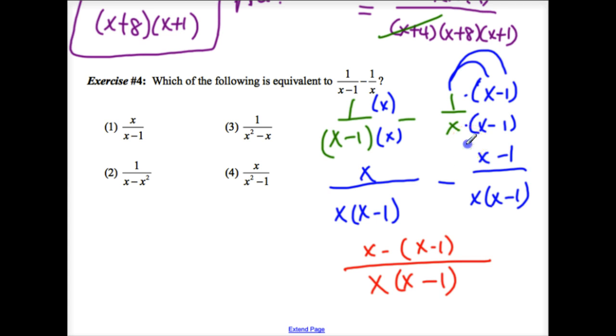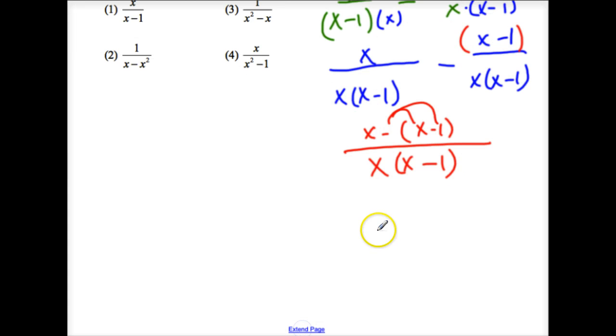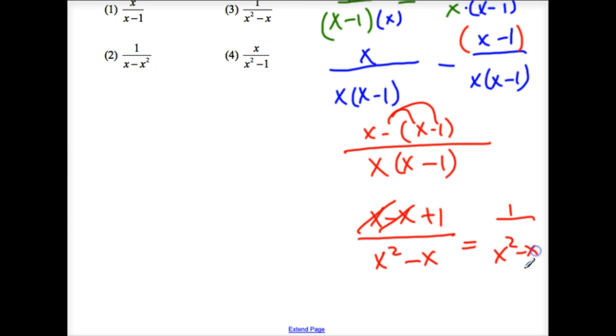Remember, this has to be in parentheses so we can distribute the negative sign, which gives me x minus x plus 1 over, you can write this as x squared minus x, it doesn't really matter. x minus x cancel, and I'm left with 1 over x squared minus x.